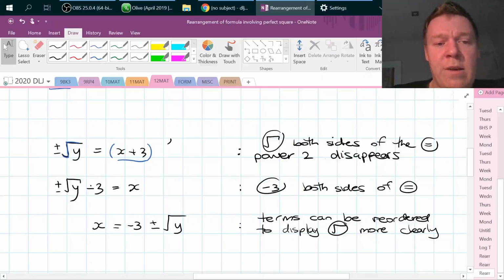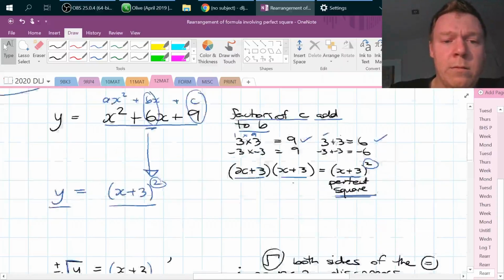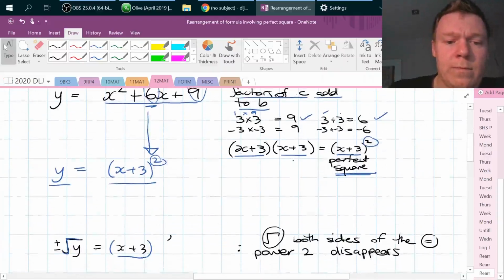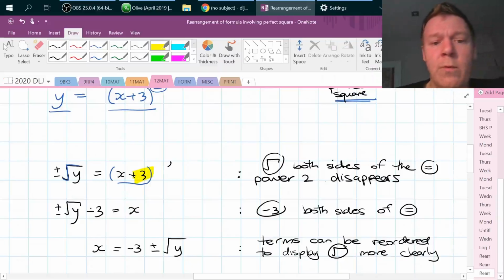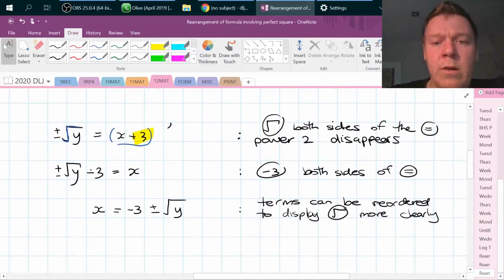The next step is, well, we want to isolate x. We're trying to make x the subject. So we want to subtract 3 from both sides.